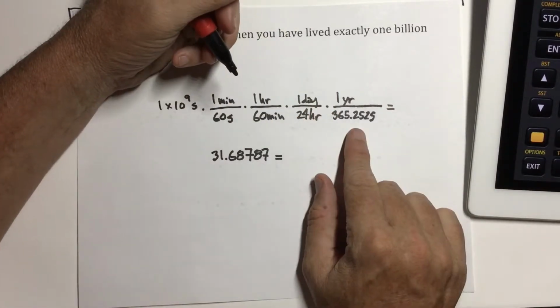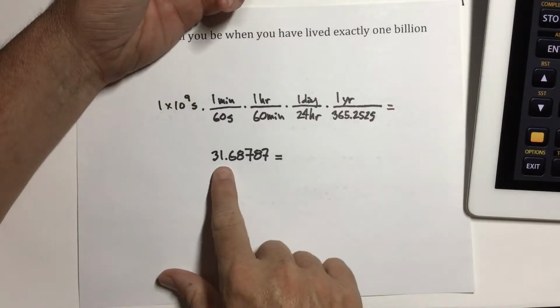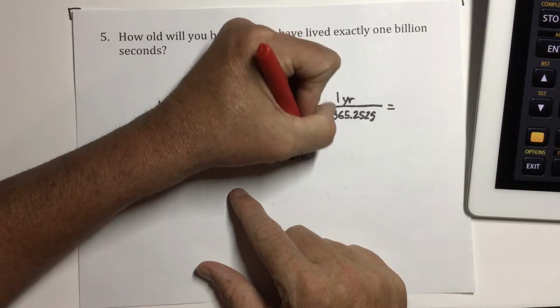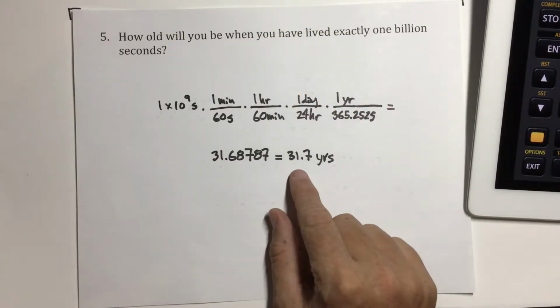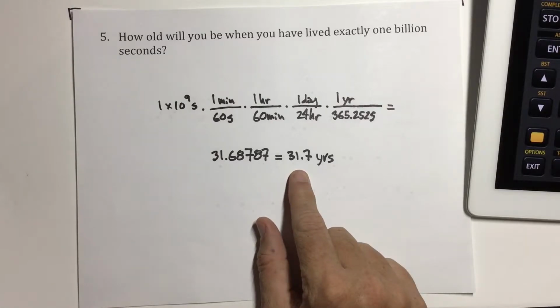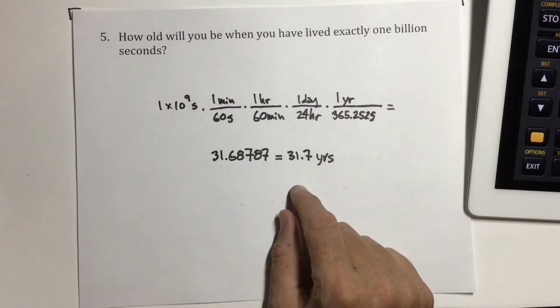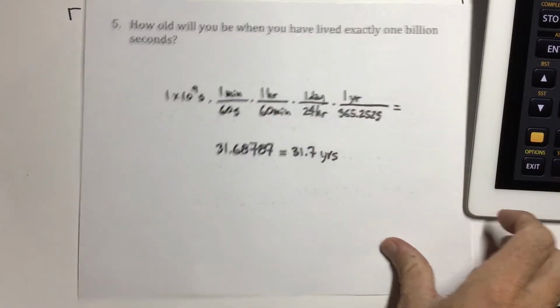That's utterly meaningless to us, a year down to 6 decimal places. So let's just round it to 1 decimal place: 31.7 years. I wonder if you found that surprising, that you have to get almost 32 years old before you can live exactly 1 billion seconds. 1 billion is a huge number. Yes, indeed. All right, so there we are.